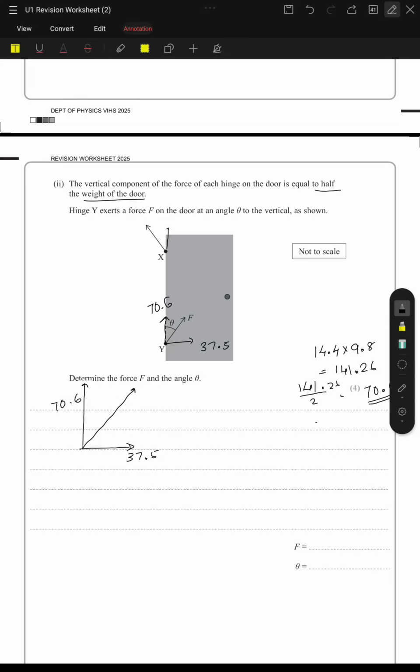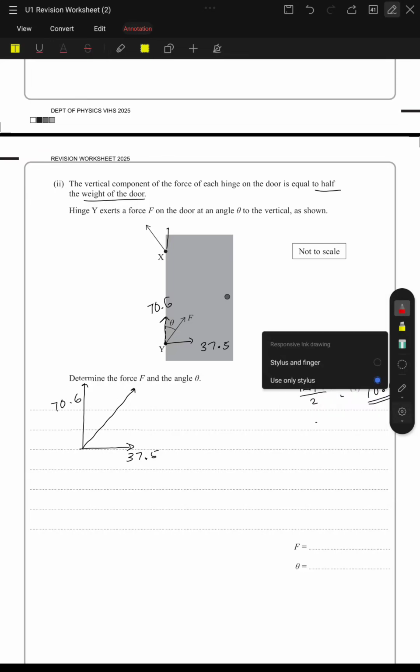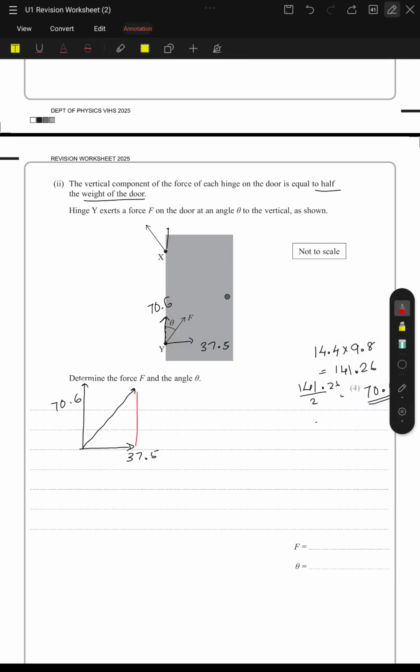If you have any difficulty with doing it, you can think like this. Rather than drawing the 17.6 on that side, I can draw the 17.6, the vertical component, right here. So then it is like a right angle triangle, right? So this force is the thing that I have to find, that is basically the hypotenuse of the triangle.